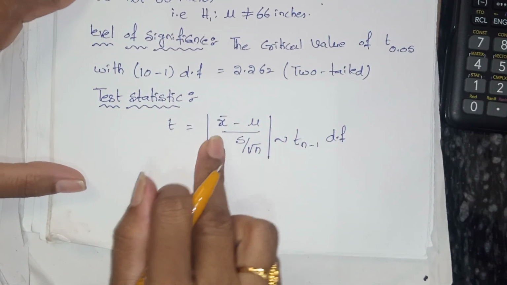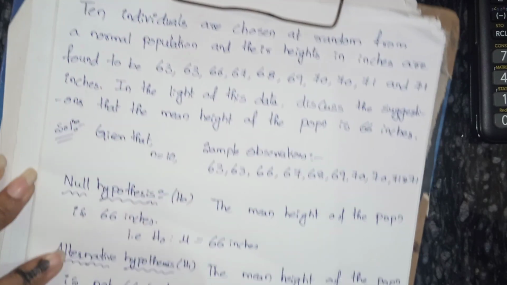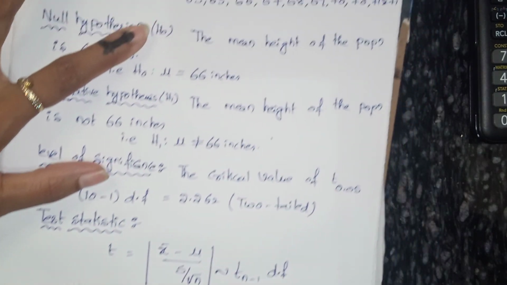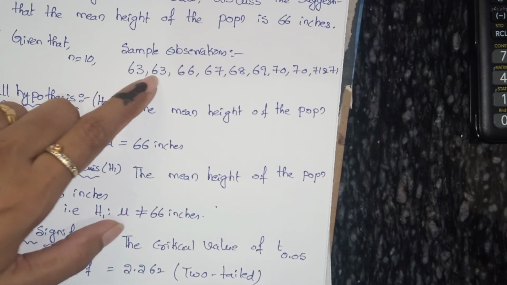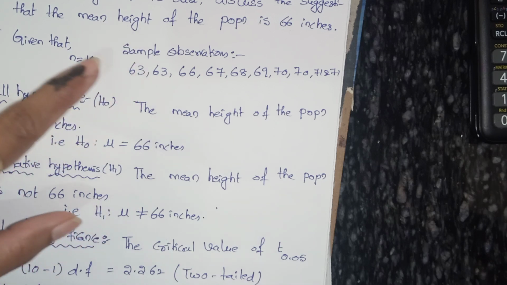Here they did not give any mean value, so we have to calculate the mean value. We have to add all these sample observations and divide by 10.